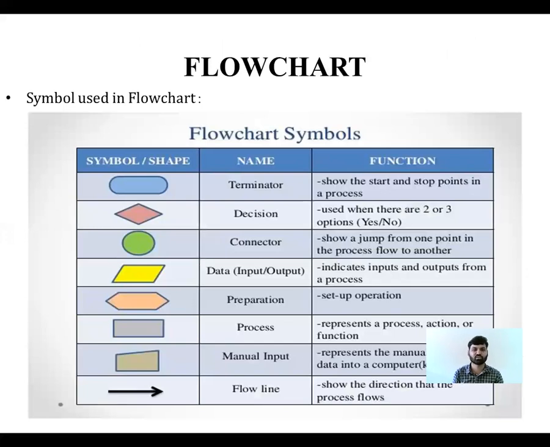There are some symbols you can use in the design of a flowchart. First one is the oval shape, used for terminator. Then the diamond, used for decision. Then the circle, used for connector. Then the parallelogram is used for input or output, and the hexagon is used for preparation.